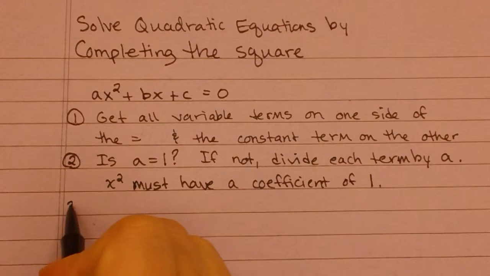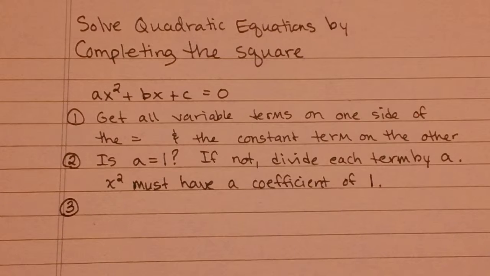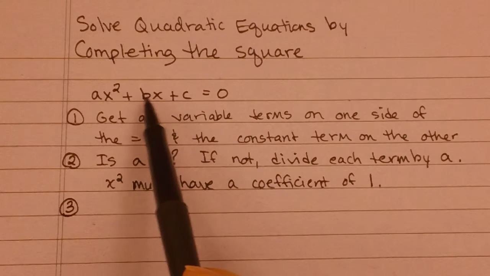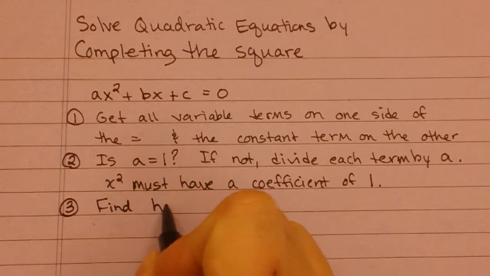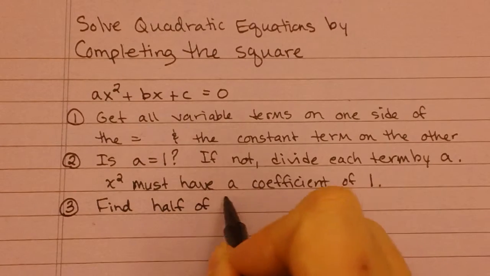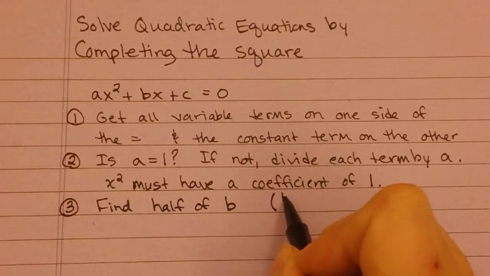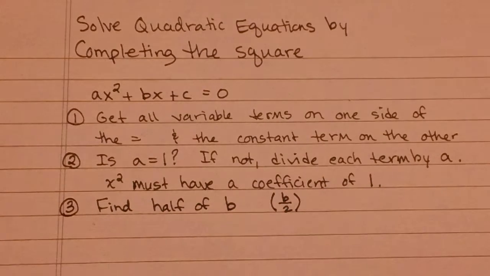After you have x squared with a coefficient of 1 and all your variable terms on one side and your constant term on the other, we're going to start by finding half of b. Now b is the number in front of the x term. So we need to find half of b, or b divided by 2, or b over 2.